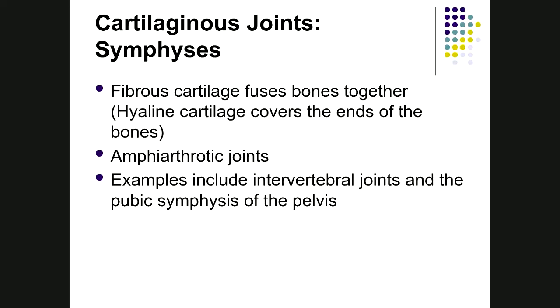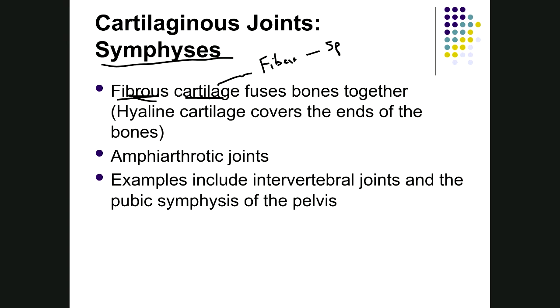Let's look at a symphysis joint. So it's not hyaline, it's fibrous cartilage. Fibrous cartilage holds the bones together. But remember, when we look at fibrous cartilage, you can see the fibers. They're visible under a microscope. Those fibers are sort of spread out.